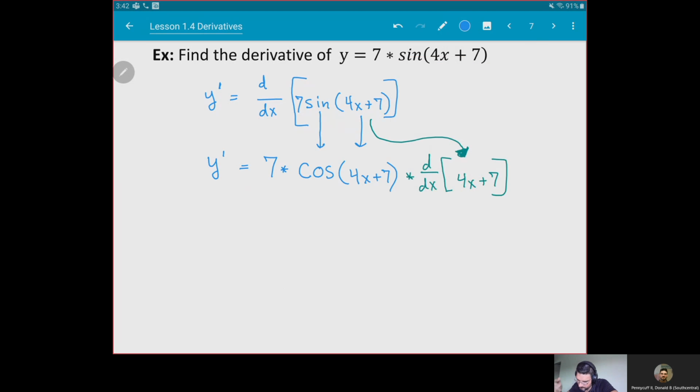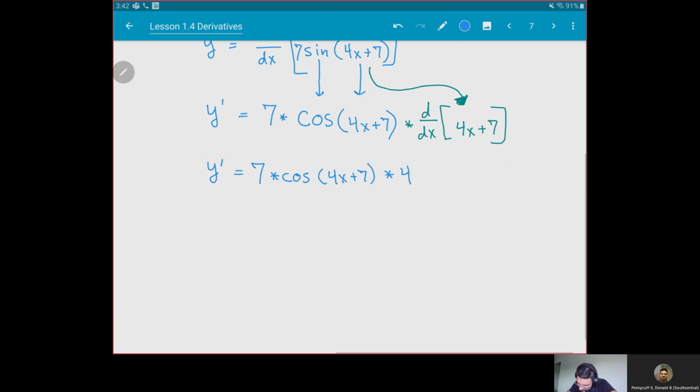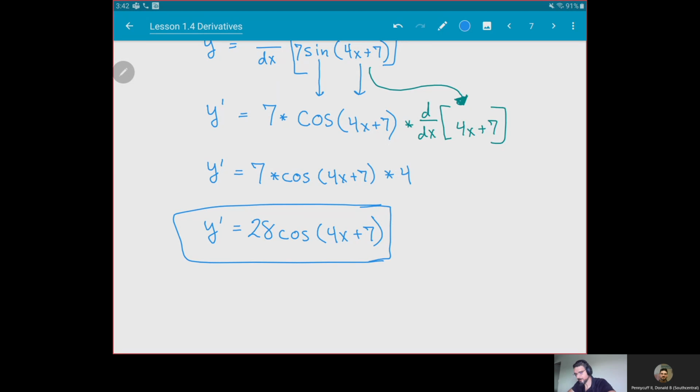Never goes away. Chain rule just keeps coming back over and over and over again. So you want to be very careful about it. And then the 7 and the 4 can go together, and we can finish this out. There we go.